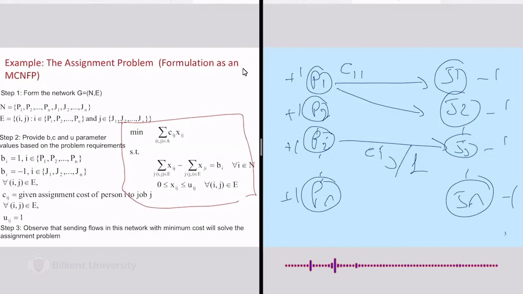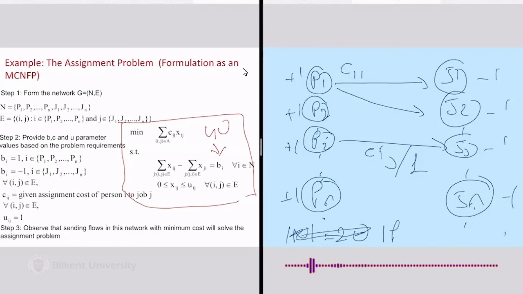So if, let's say, my cardinality of N is 20, I require 20 in here, 20 in here, 40 constraints in total. Each person will send 1. Each job will receive 1, right? So 20 from there, 20 from there, because my node set is actually my persons and my jobs. Yeah? So this is not actually my cardinality.